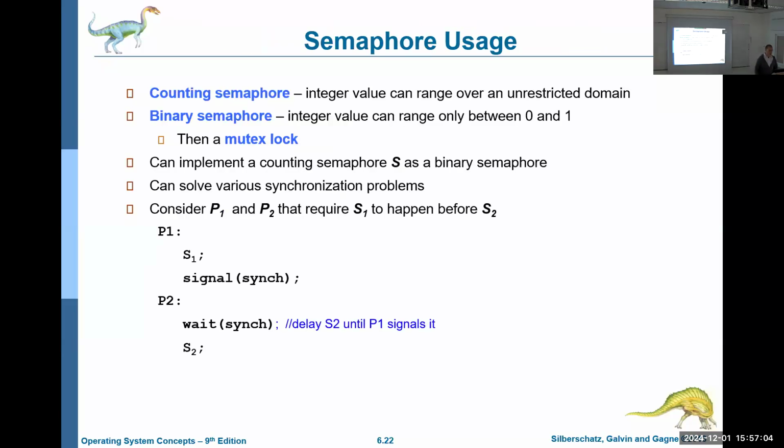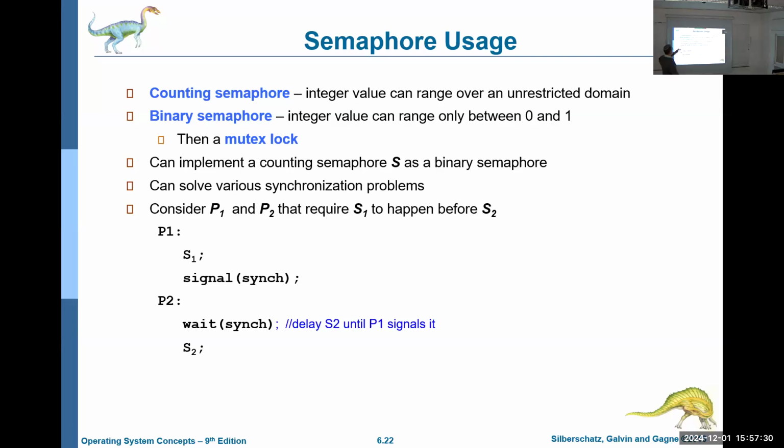What's a semaphore? A semaphore is a locking mechanism that either allows one person in, or multiple people in. A counting semaphore has an integer value. In other words, when I set my S to 7 or something, we call it a counting semaphore, because I can allow 7 people into the critical section.